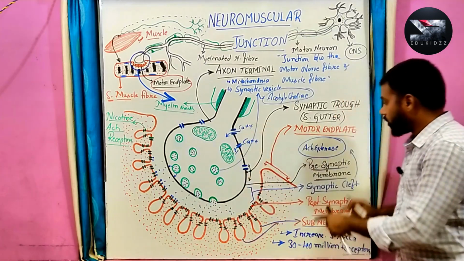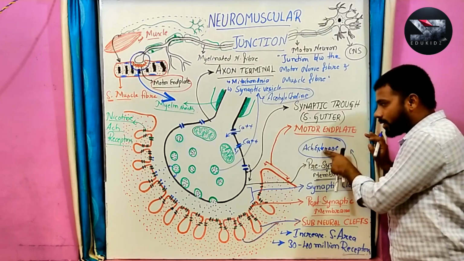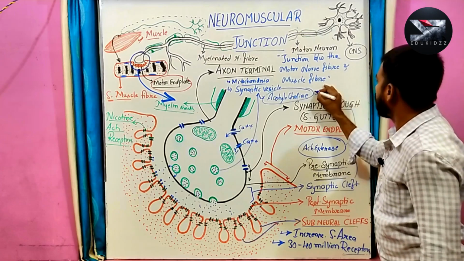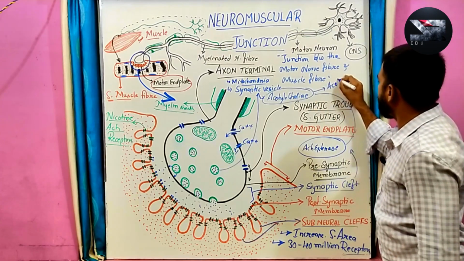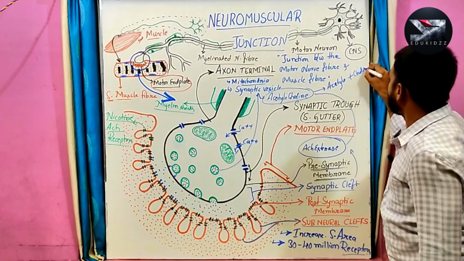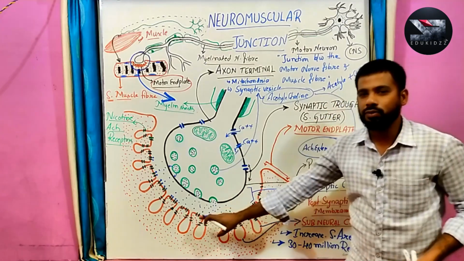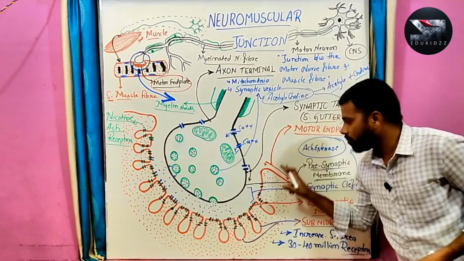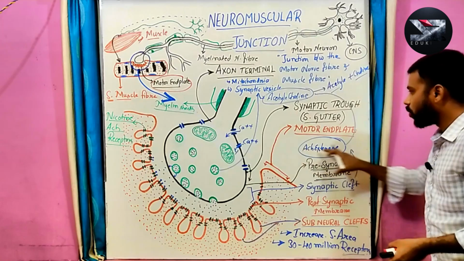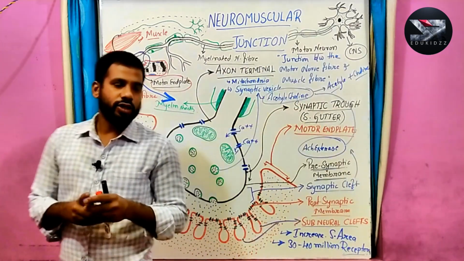So for that purpose, this acetylcholine esterase enzyme breaks acetylcholine into acetyl plus choline molecules. These acetyl and choline molecules cannot bind to the receptors found in the postsynaptic membrane. That is the function of acetylcholine esterase. So this is about the neuromuscular junction.